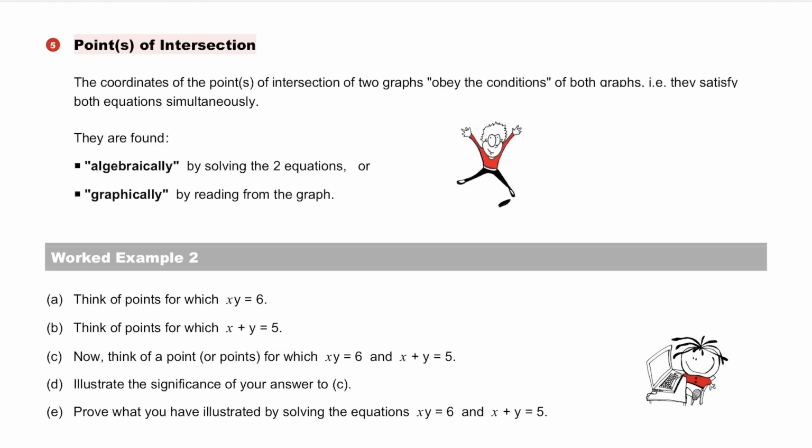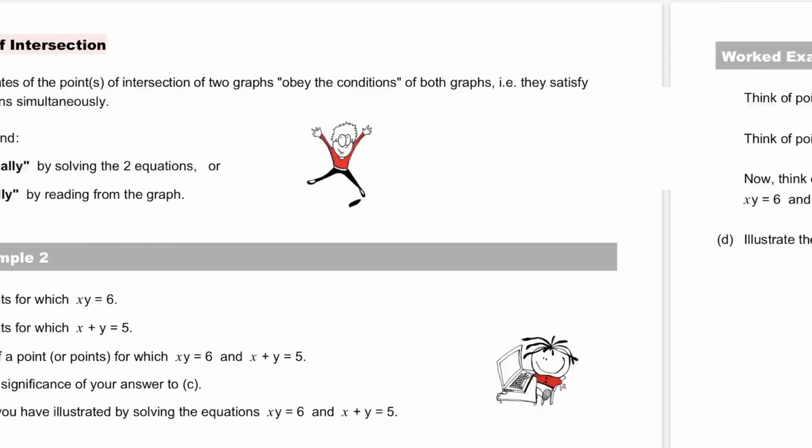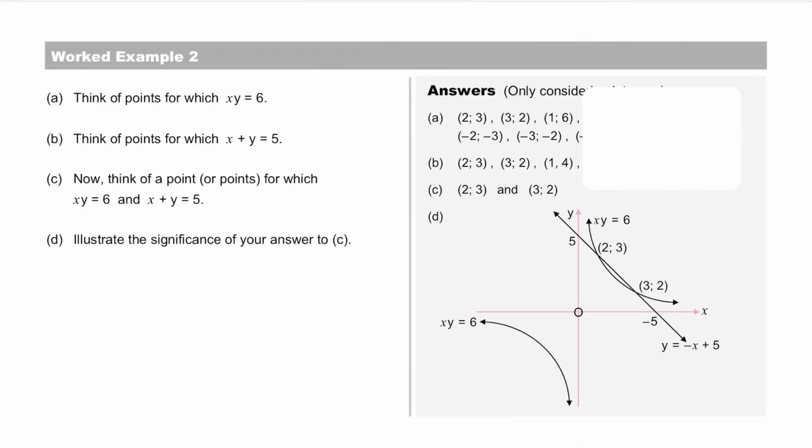Now, pause and have some fun with the following worked example. Pause again to check your responses. Could you think of points xy for which xy equals 6? Could you think of points xy for which x plus y equals 5? And can you now think of a point or points for which they will be satisfied simultaneously?